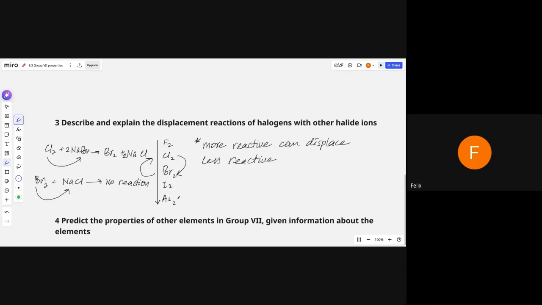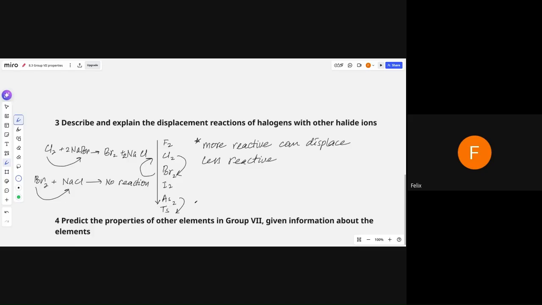And astatine, the poor guy, technically can displace another one, tennessine. I don't remember the symbol of tennessine at the moment, but there's another one at the bottom, so I should confirm the symbol. It is Ts, right? So Ts, that is tennessine.